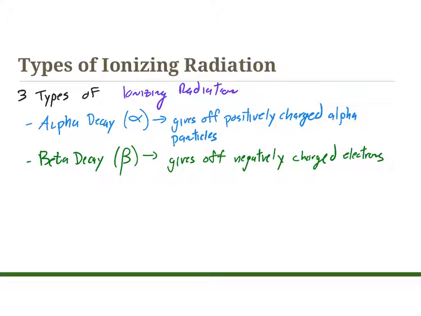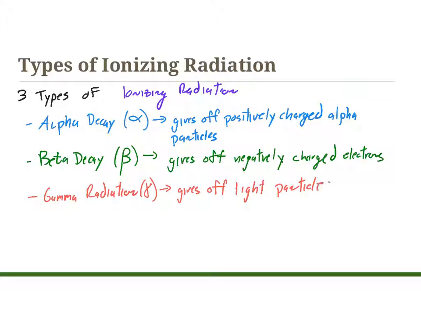And then we have gamma decay, or gamma radiation, and the symbol for that would be like an upside down fish, I guess, and that gives off photons. That gives off light particles, which are called photons.